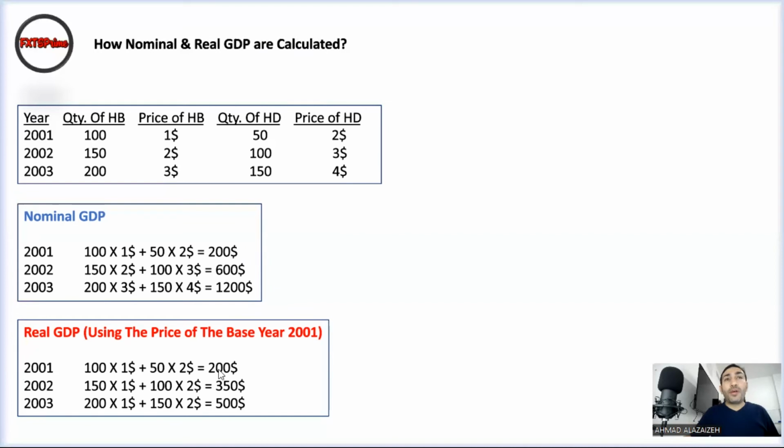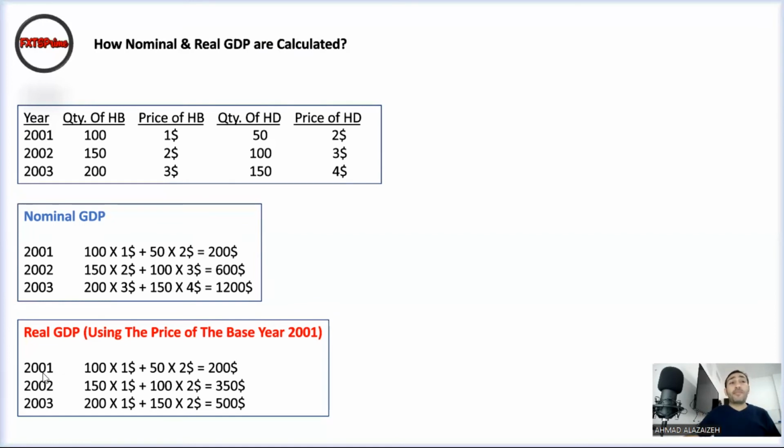So that will be 200. If you realize here, for the nominal GDP and the real GDP, the base year will always be the same. So you find that $200 in the nominal GDP and $200 in the real GDP for the base year.